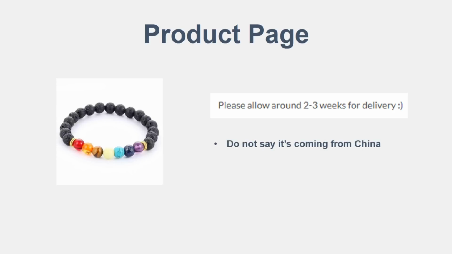Don't say that it's coming from China. What you could do is explain that it's shipping from your warehouse. If you have an explanation section, that's where you could put that it's shipping from your warehouse, but don't say that it's coming from China. Don't say that at all, because that's just going to freak some people out, like, oh God, it's Chinese products.